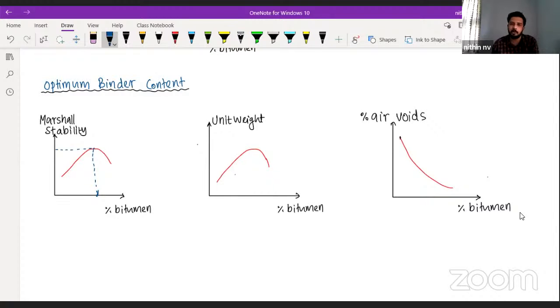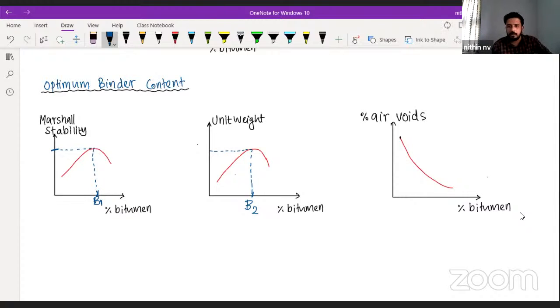See, this is nothing but binder. We will be getting a value here. If I simply denote it as binder content B1, it corresponds to the maximum Marshall stability value. Then here also we are going to get an optimum value. Suppose I put B2. Here we don't have any optimum value.